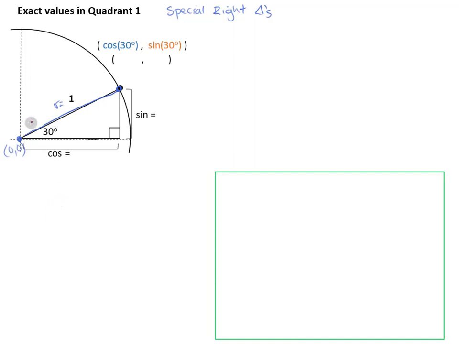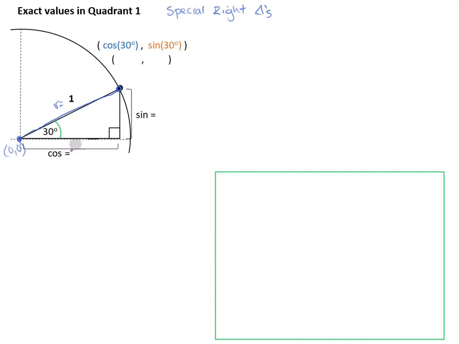Okay, so let's say I have a 30-degree angle. The cosine of 30 degrees, like when you type that in the calculator, what it's calculating is how far in the x direction we go, where this terminal side ends on my circle.